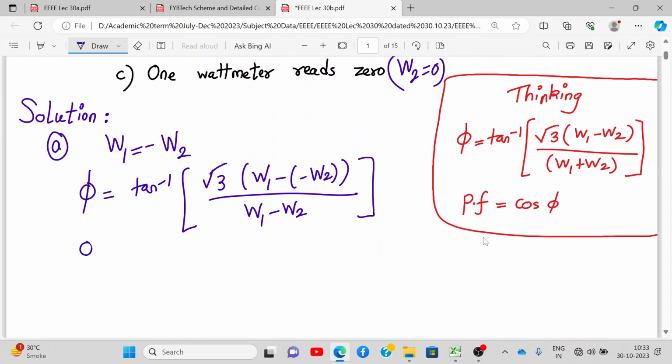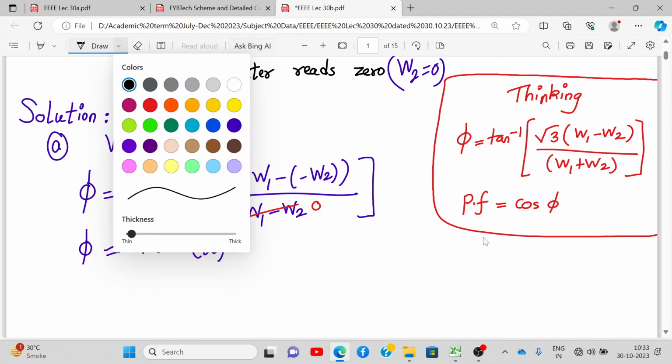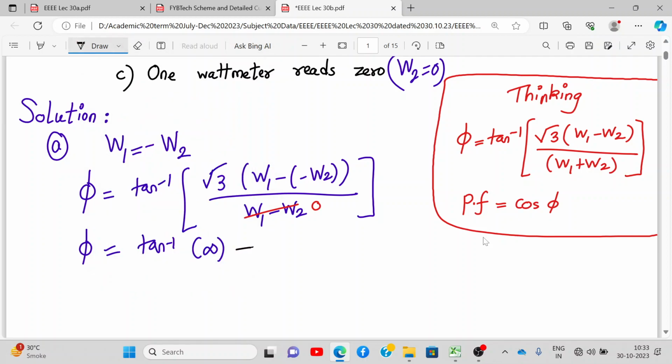So phi will be tan inverse of infinite, right? Because W1 plus W2 will be 0. So what is tan inverse of infinite? 90 degrees. Tan 90 is not defined.